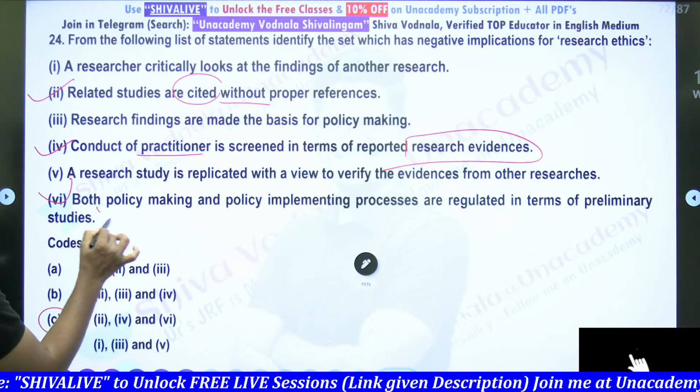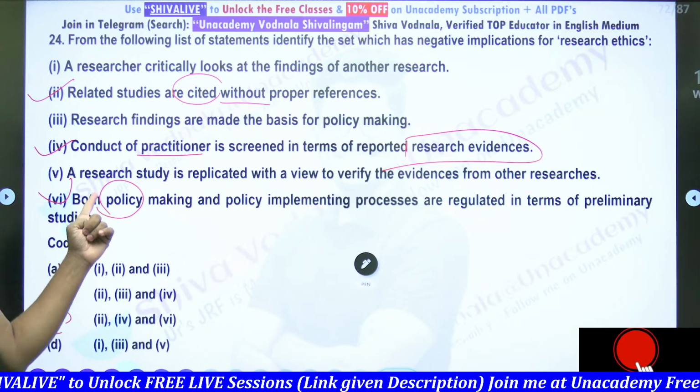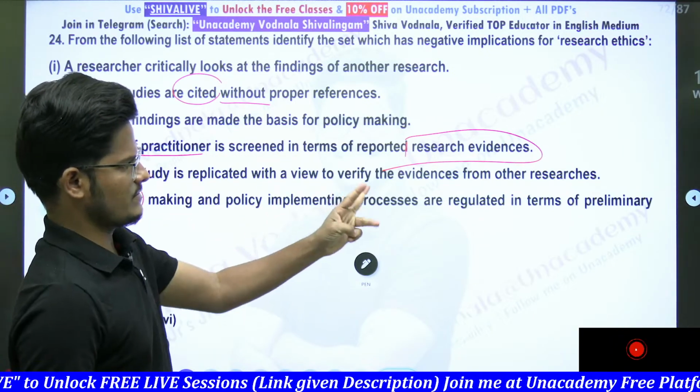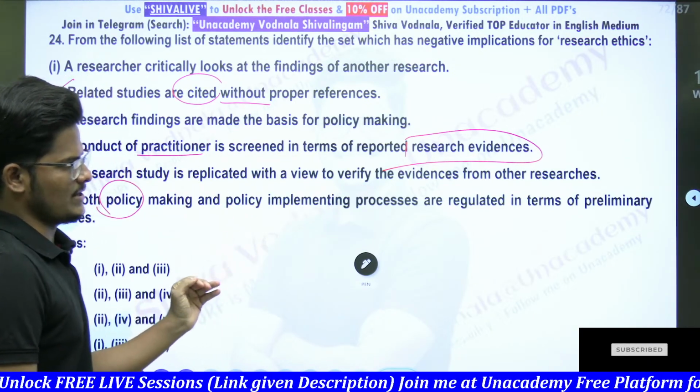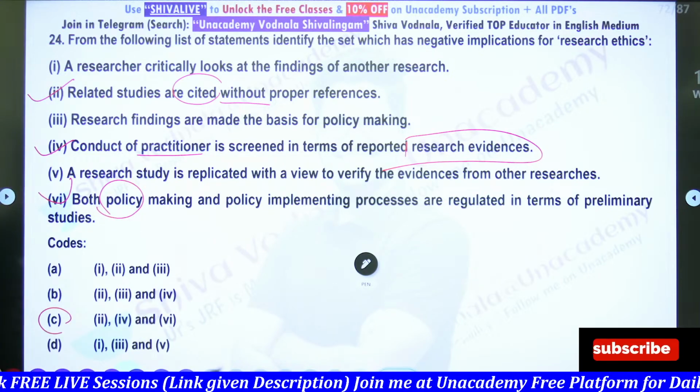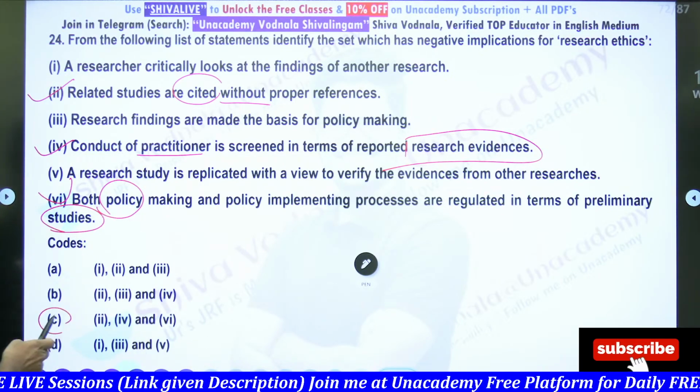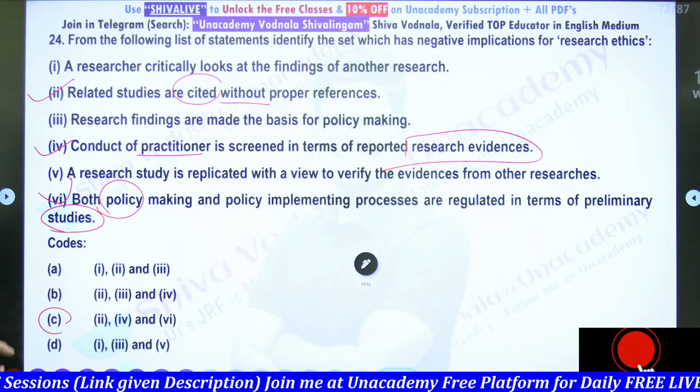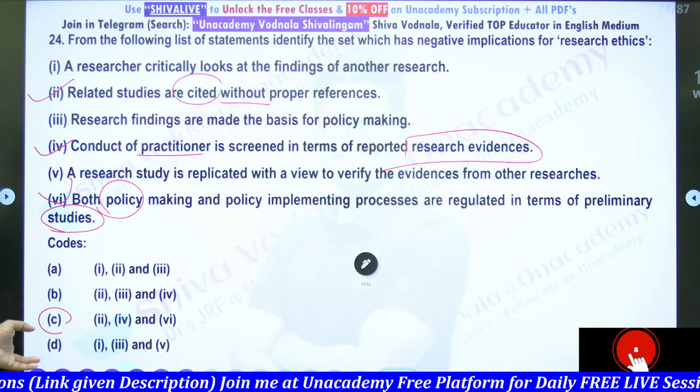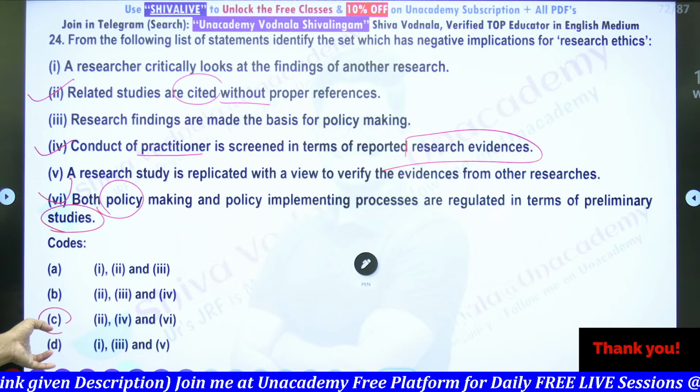Whenever we are publishing a thesis, we should follow the policies and regulations given by the authorities of our institution, and the UGC also we need to follow. So when we are doing preliminary studies or feasibility reports also, it should be as per the policy and regulation only. Otherwise it will be an ethical violation.